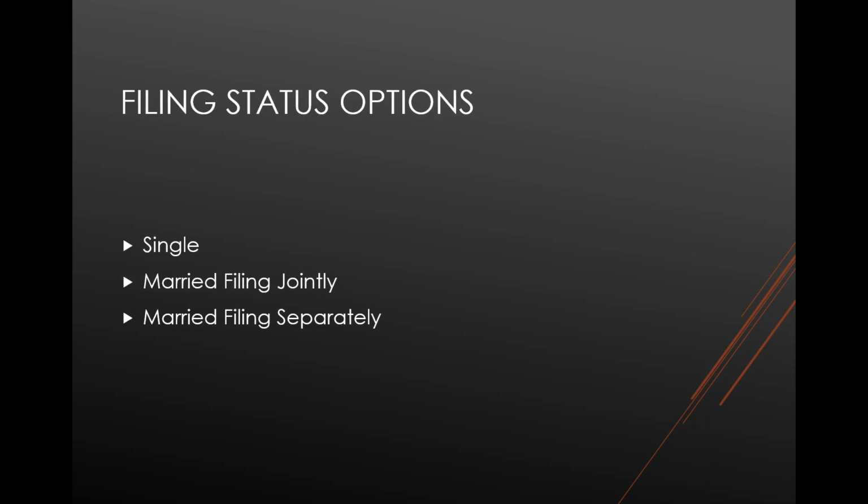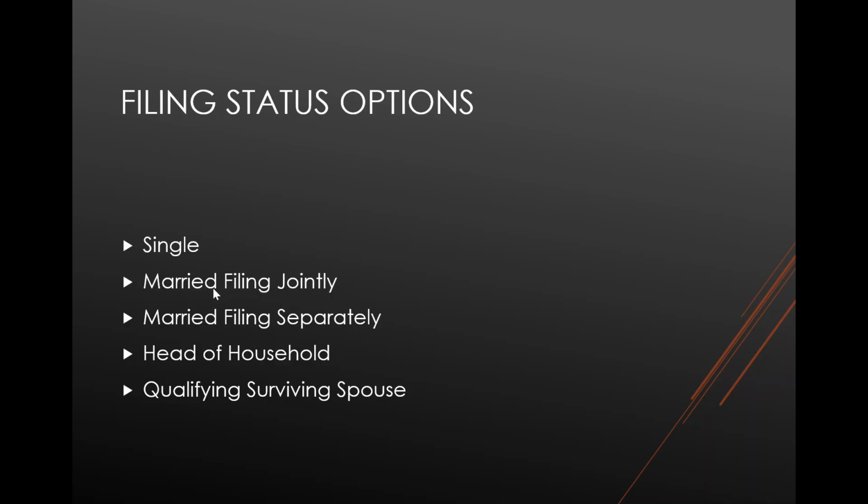So friends, what are the filing status options? The filing status options are single, married filing jointly, married filing separately, head of household, or qualifying surviving spouse. These are the five status options an individual can opt for. If a person is single, they can opt for single.